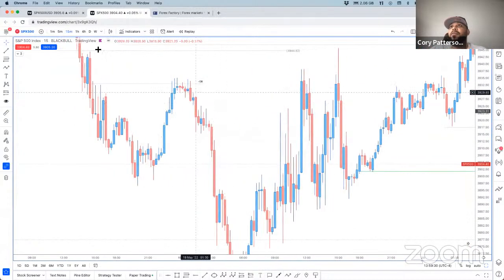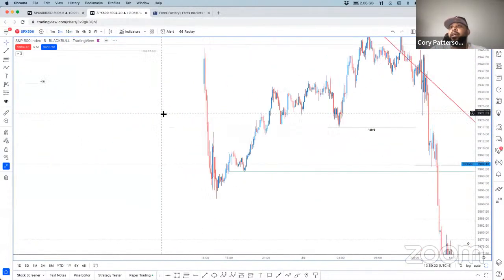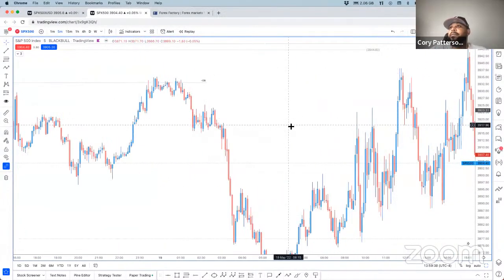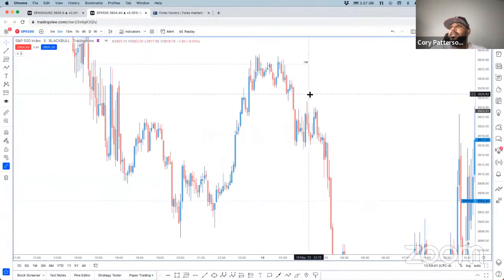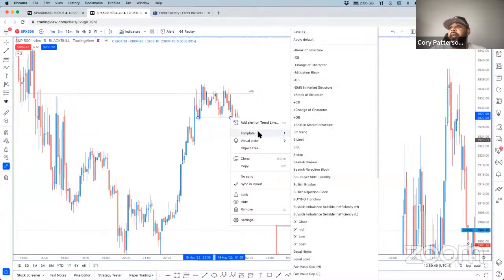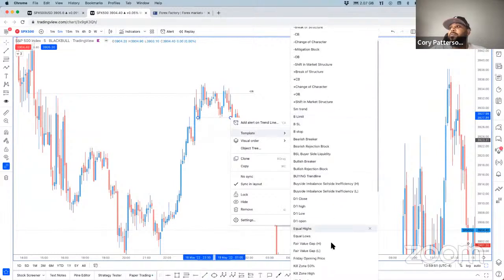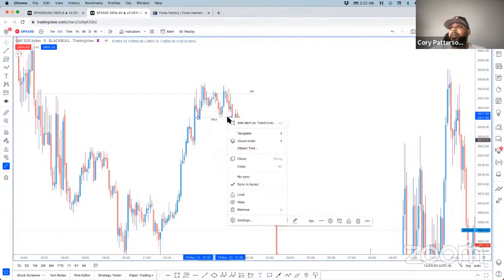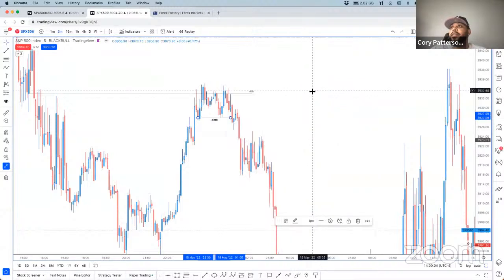If we go even lower, let's say 5-minute, and I'm just using this as an example, we got pretty much equal lows right here. And at the same time, as we make these equal lows, we have an imbalance that's left right here and right here. So this is giving us a sign of the direction that we are looking to go, right? So these equal lows become a shift in market structure.